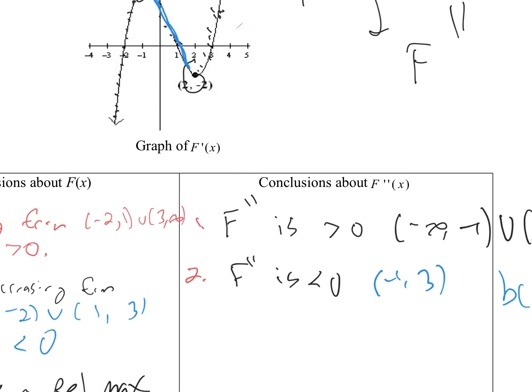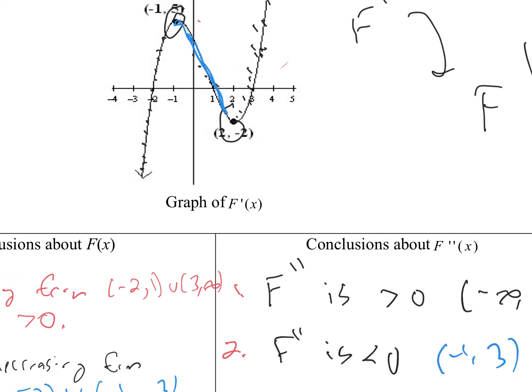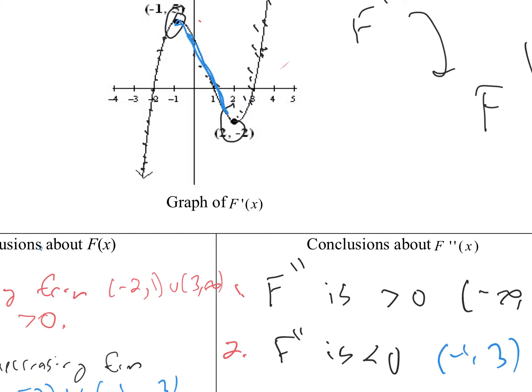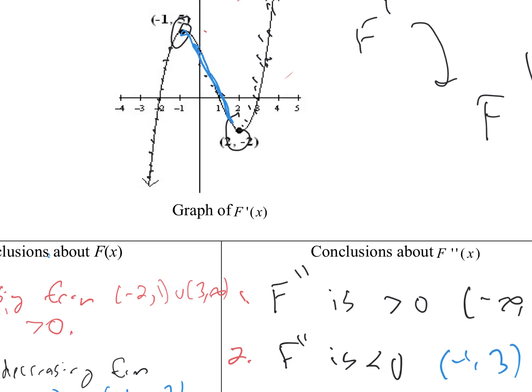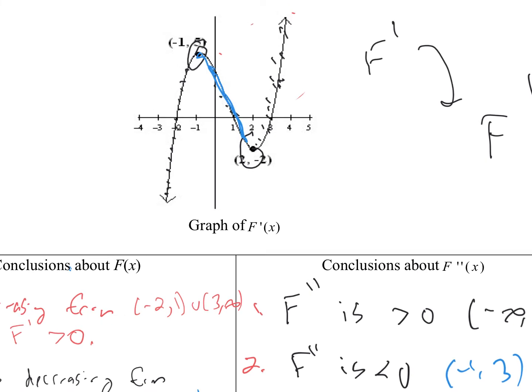What else can I tell about the second derivative? We use second derivative all the time to talk about points of inflection. That's always where the second derivative is equal to 0. And I think I circled them. The first derivative has an extrema here. That means the second derivative is equal to 0. The first derivative has an extrema here.